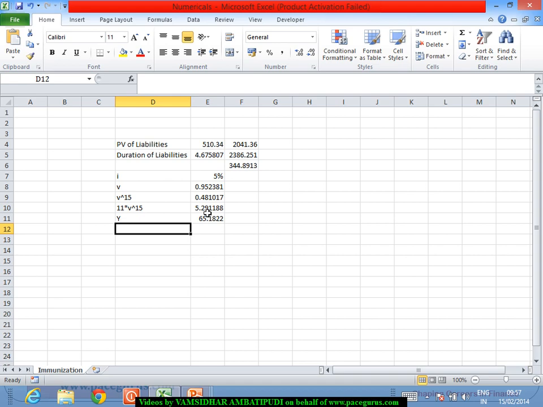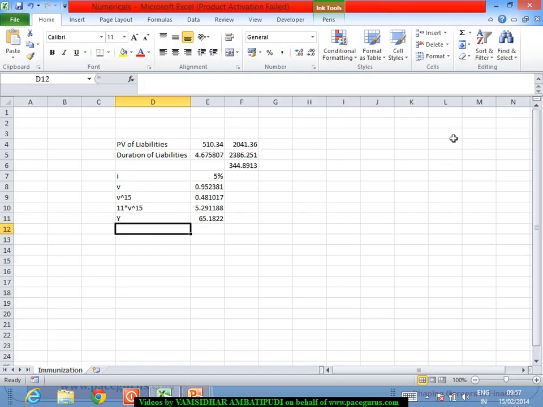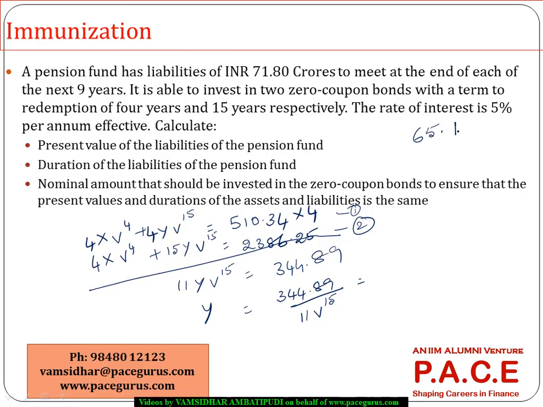So y is saying you invest 65.18. So the amount that needs to be invested in the 15-year fund, we go with a nominal value, face value of 65.18 in a 15-year zero coupon bond.